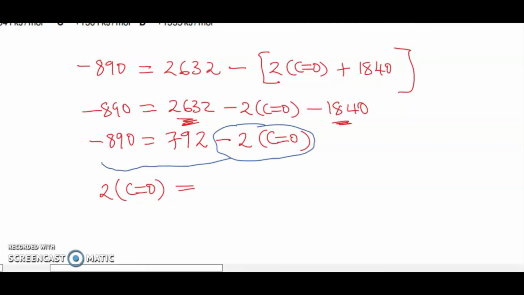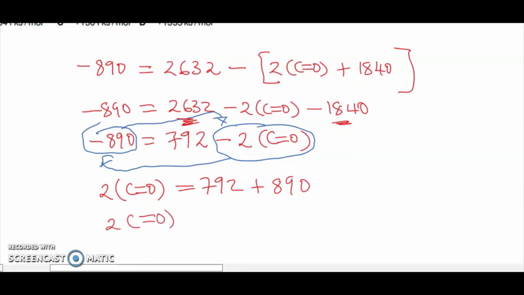So this is what we've done. I take this over here and I bring this over here. Remember, when the negative sign crosses the equality sign, it changes. So in this case, we're now going to have 792 plus 890. Great. So here now 2 CO bond will be equal to 1682.